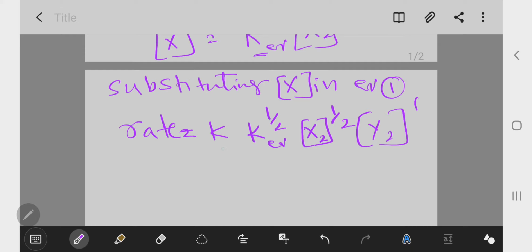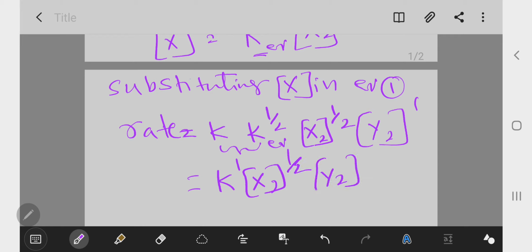Since the rate constant and equilibrium constant are both constants, I am going to represent them by a separate symbol, K dash. K dash is the product of the rate constant as well as the equilibrium constant. Now X2 to the power of half and Y2 to the power of 1.